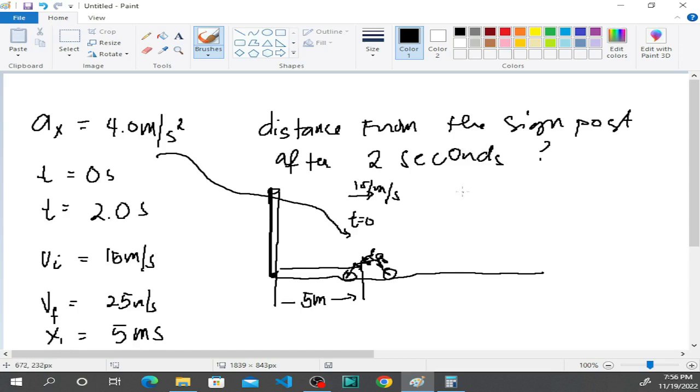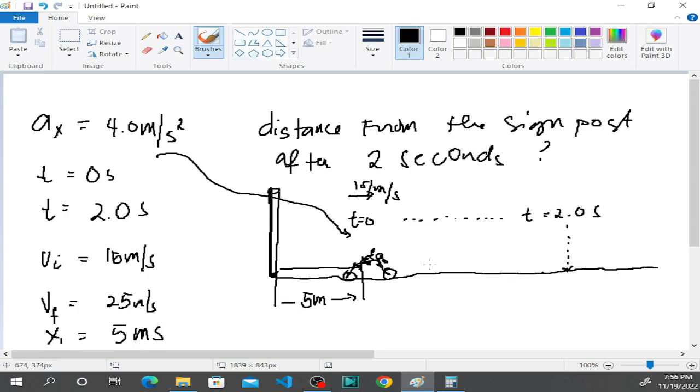So I can say x sub 2. Because I'm looking for the position, as time passes by, and after some time, t will be equal to 2.0 seconds, and maybe it's somewhere here at this point if it's on a straight line.